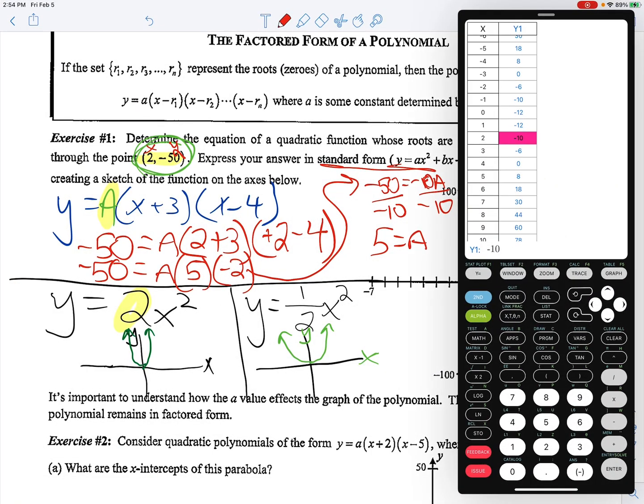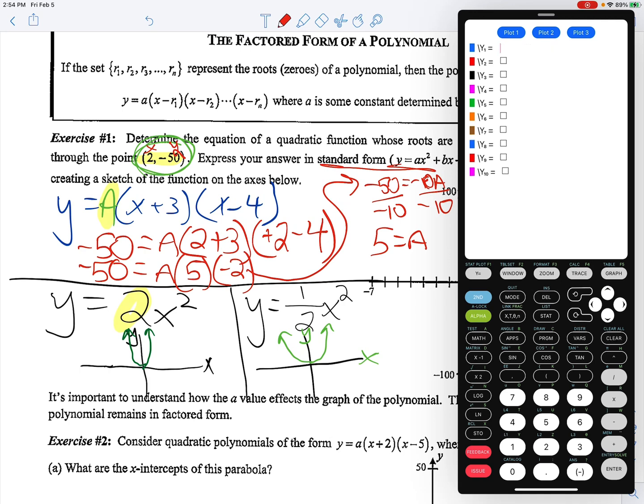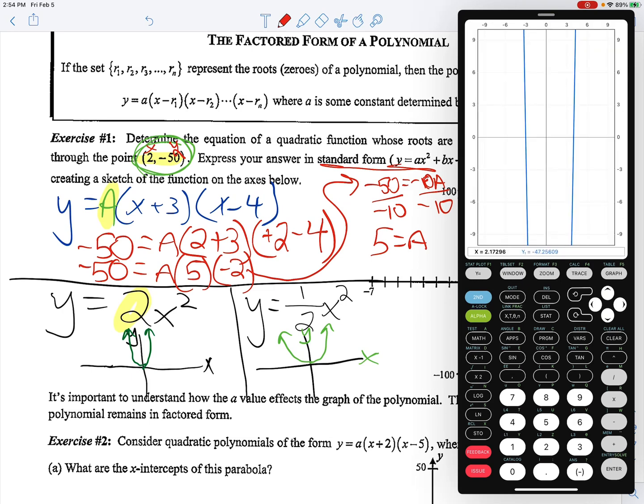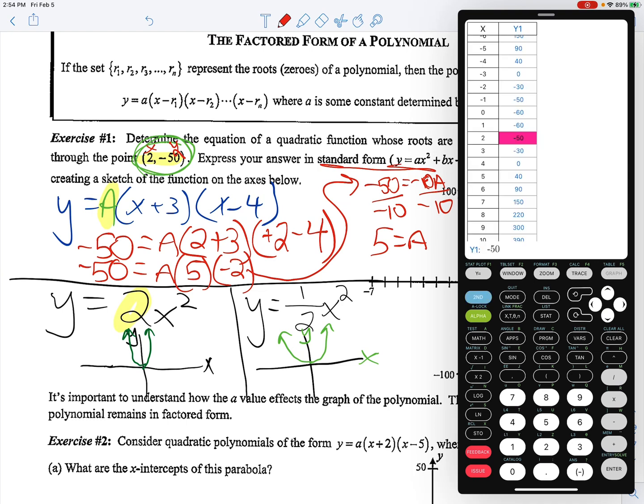All right, let's see here. 5(x plus 3)(x minus 4). Let's see if (2, -50) is a point there. Hopefully it will be. Here's the calculator. So 5 times (x plus 3) times (x minus 4).